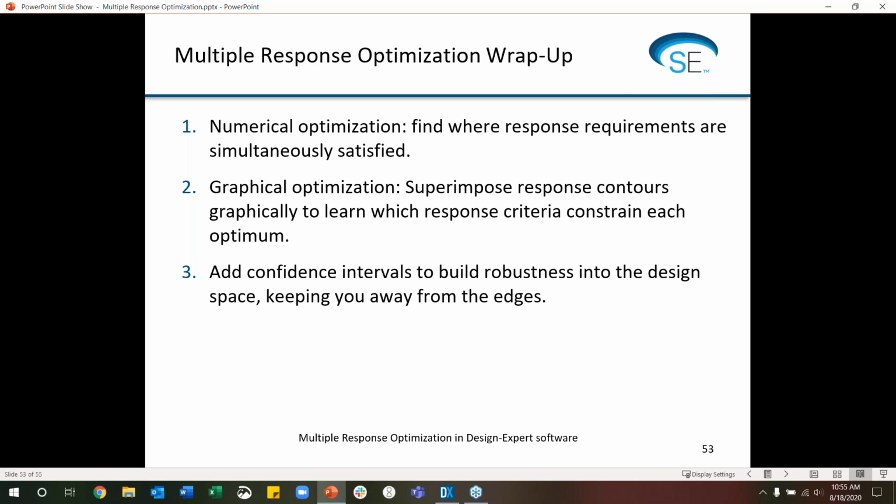Graphical optimization is very, very old school, and it's simply superimposing the response contours on top of each other to graphically see which response criteria constrains the optimum. These give you really awesome graphs to put in reports and to show other people so they can really picture the design space and use them perhaps to run your processes. You can add the confidence intervals to build robustness into this design space and really keep you away from the edges.